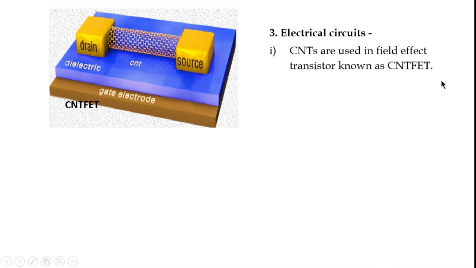In this, we can use a single carbon nanotube instead of silicon, and this single carbon nanotube can be used as a channel between drain and source. For this purpose, we require semiconductor type carbon nanotubes. So here we can use zigzag or chiral type of carbon nanotubes.